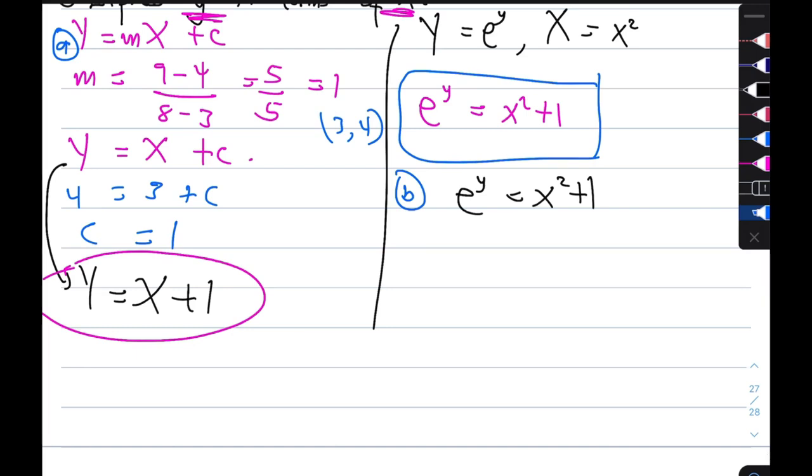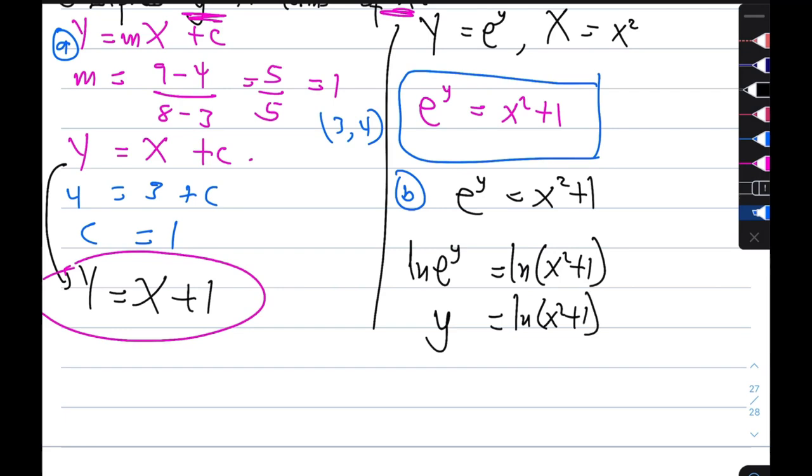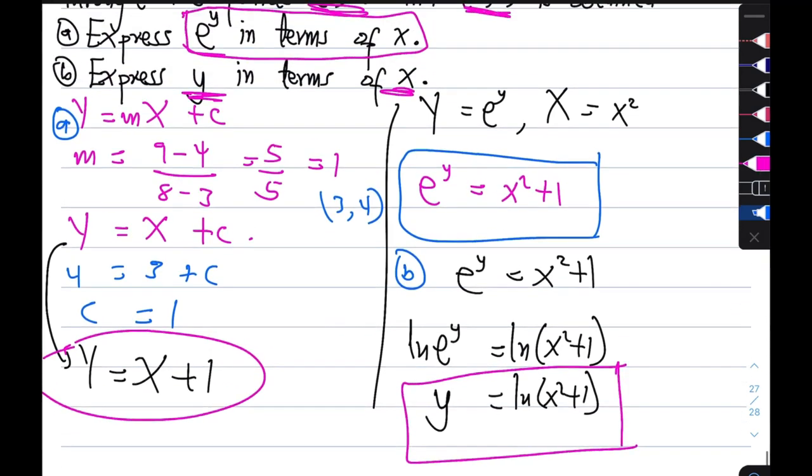So we will have ln e to the power y is equal to ln of (x squared plus 1). All right, and this will give us y is equal to ln (x squared plus 1). And that is what you are supposed to achieve when you express y in terms of x. And this is definitely non-linear.